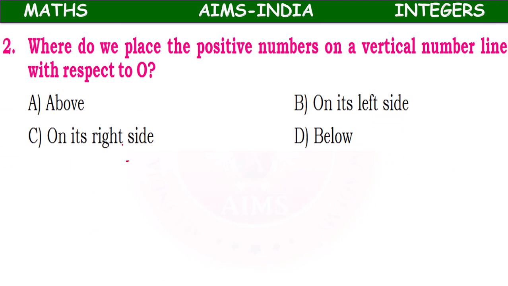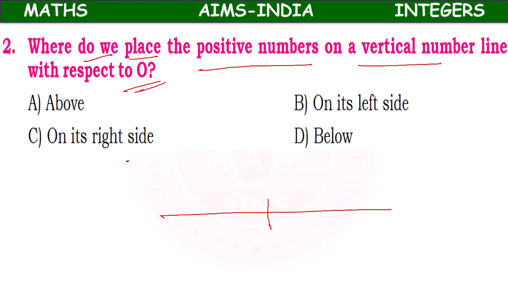Next. Where do we place the positive numbers on a vertical number line with respect to 0? On the vertical number line, if we have 0 here, where do we place positive numbers?